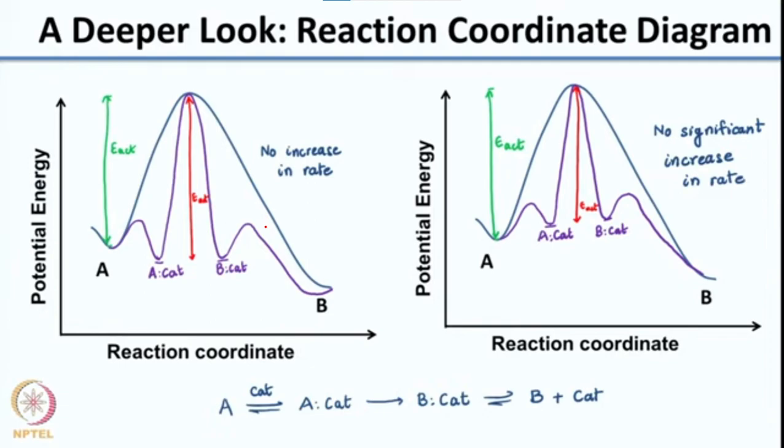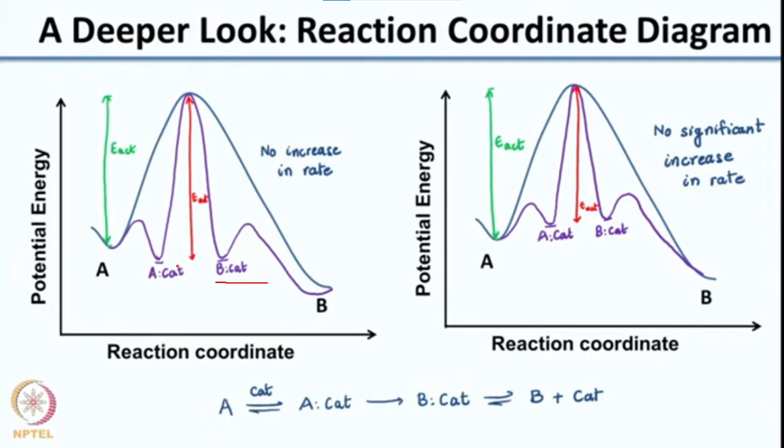Now here we have a reaction coordinate diagram. Suppose this is the conversion of A to B with some activation energy. When we use a catalyst, the catalyst forms a complex with A which has more stability compared to A. Then it undergoes the transition state to give the B catalyst complex.